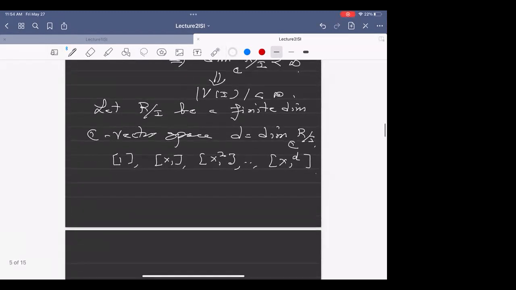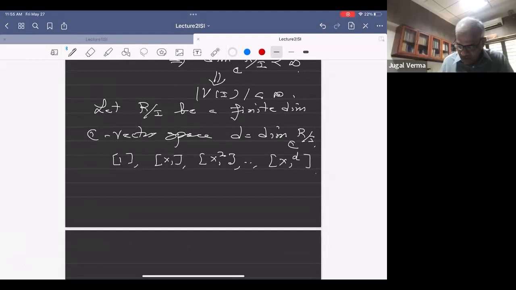Yeah. So linearly dependent means there is a complex linear combination which produces the zero residue class.